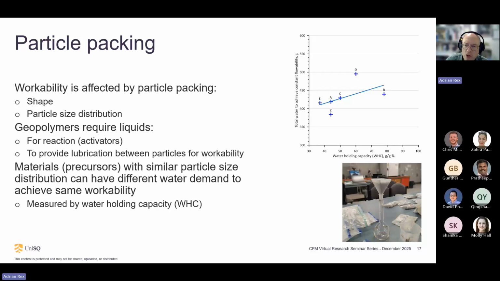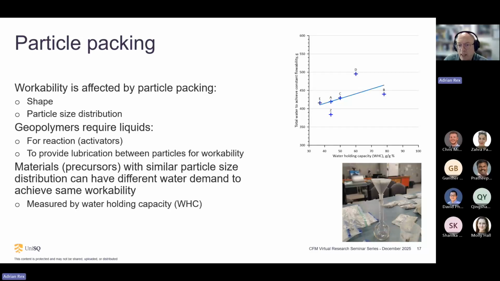So you adjust the water content to get an equal spread in his case. Here we've got a constant spread and the water content has been increased until we get a constant spread. And perhaps not surprisingly, there's a pretty good relationship there between water holding capacity and the water required to get the same spread.